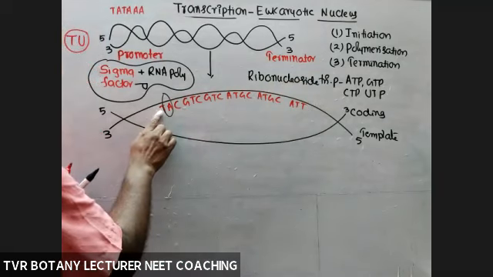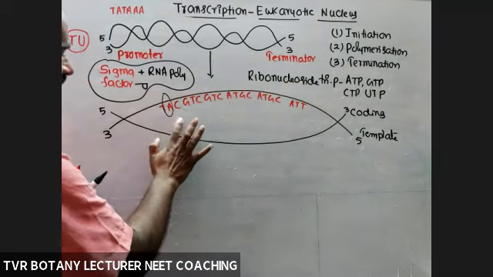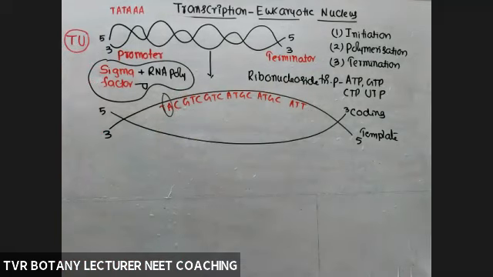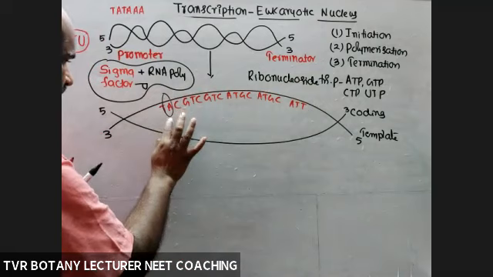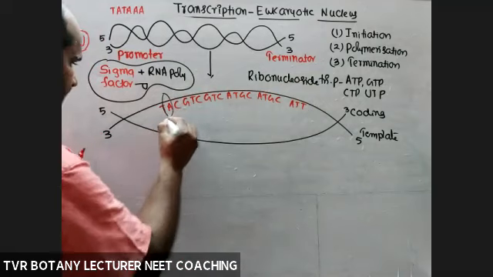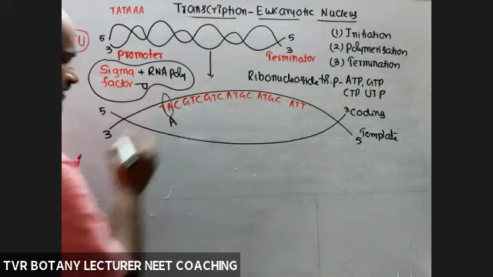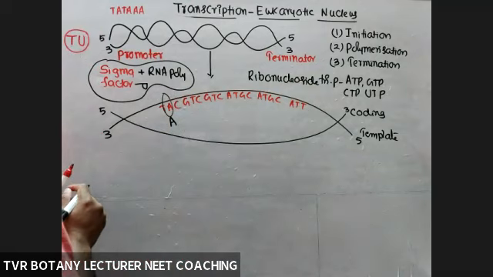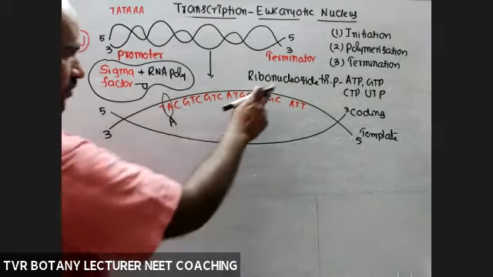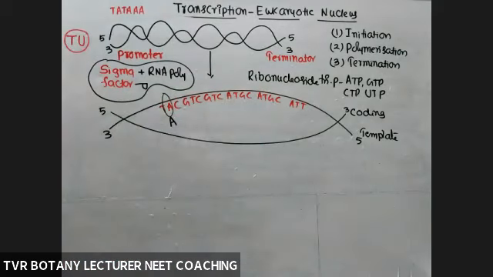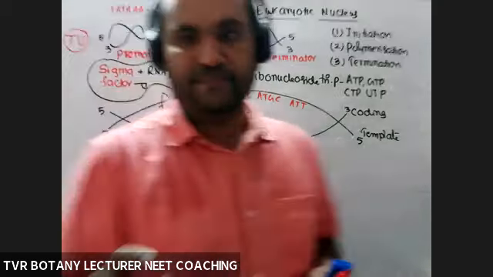So T is complementary to A, but here it is an RNA molecule. So here T is complementary to A. You can take A, no problem. ATP minus 2 inorganic phosphates. So adenosine monophosphate added. What is the role of ribonucleoside triphosphates?